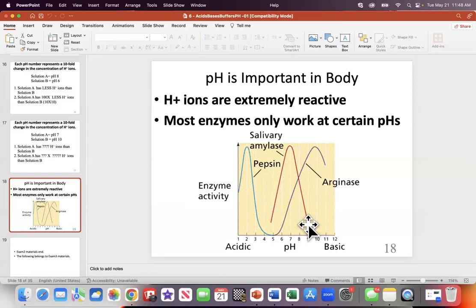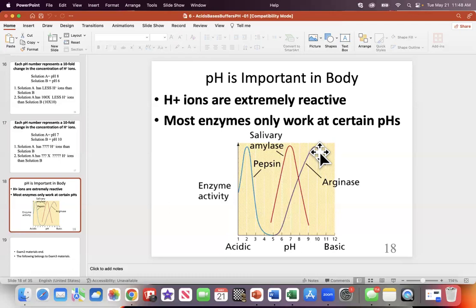And the enzyme in the stomach, like pepsin, that's the enzyme that digests peptides. Peptides are proteins. They actually like a very acidic environment. And enzymes working in the small intestine actually prefer a basic environment. So enzymes can only work at certain pH.